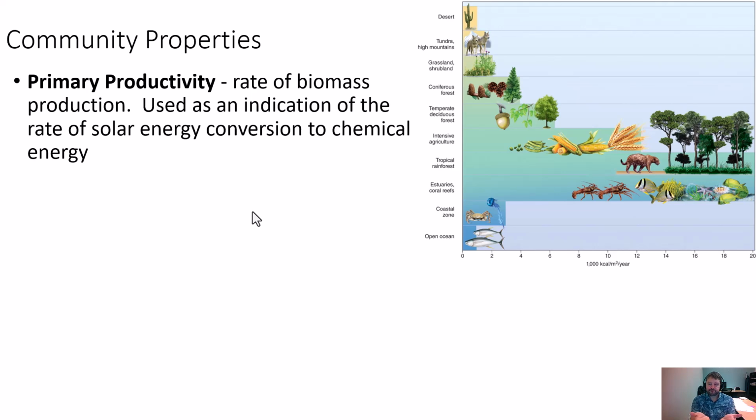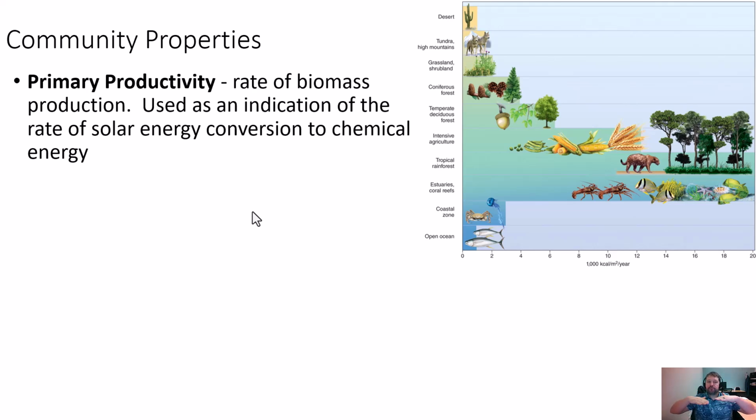So if we take the bottom of our food pyramid, and if the primary producers are limited, maybe they're limited by the amount of water, maybe by the amount of light, maybe by the amount of nutrients available.